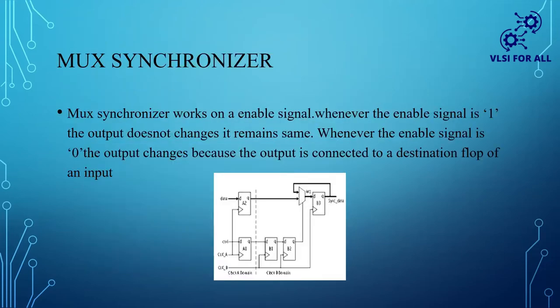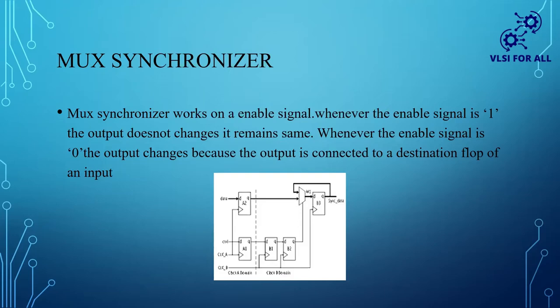So now I'm going to the mux synchronizer. Rather than explaining it in detail, I'll give you a brief overview so that it becomes very easy for you to understand. If I explain through the diagram, the input goes here, gets sampled here, and we get an output here.